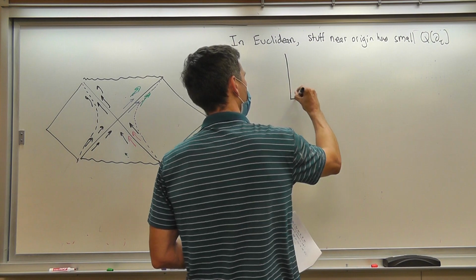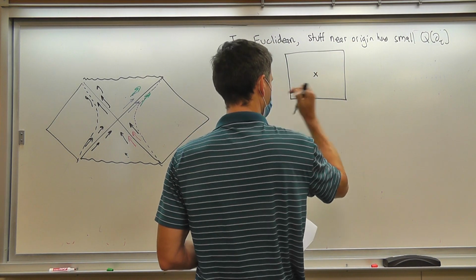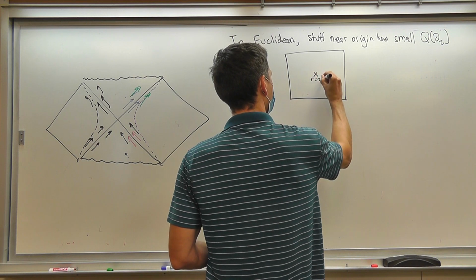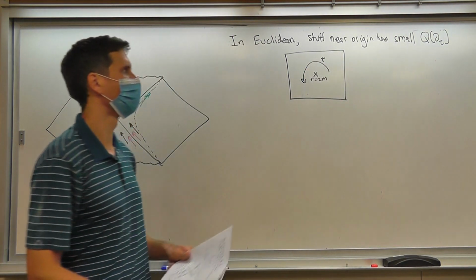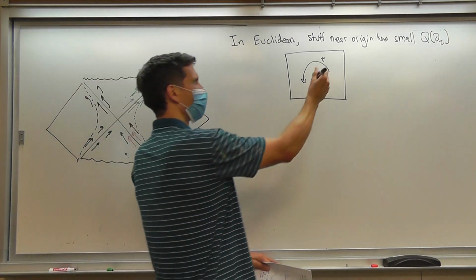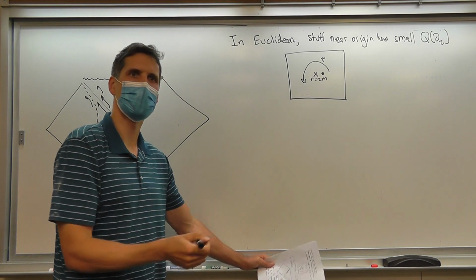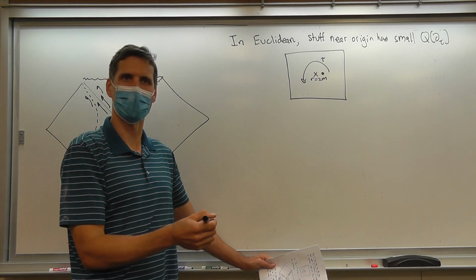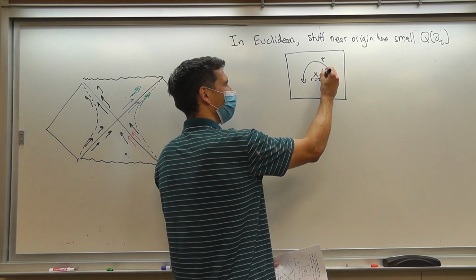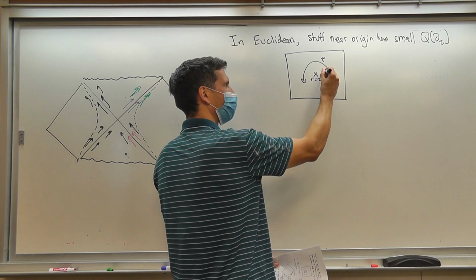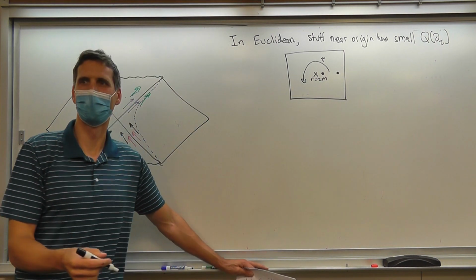So if I draw the Euclidean thing, where this is r equals 2m, and tau goes around, then clearly if I take an object there, it'll have a small angular momentum. If I put something out here, it'll have a large angular momentum.